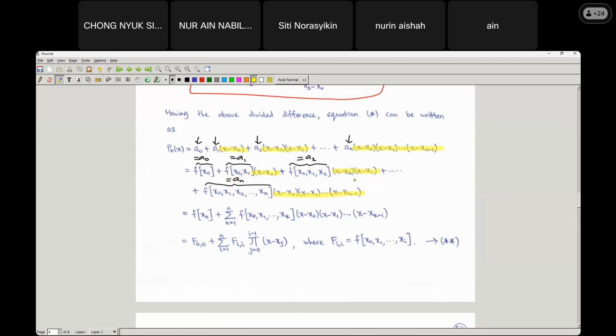Now next we can write the summation because it's a plus, right? So the summation of the f we can write in a general form. You see when your k is equal to 1, we refer to a1. So that means our k is equal to 1. First we start with x0, we end at x1.